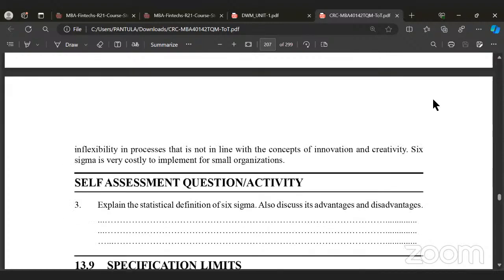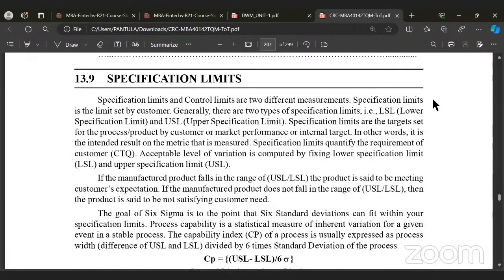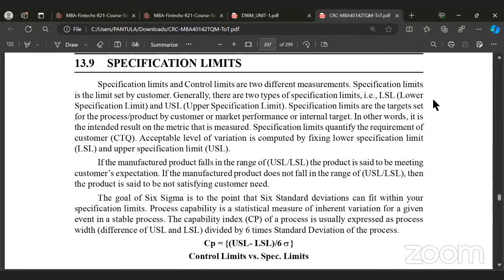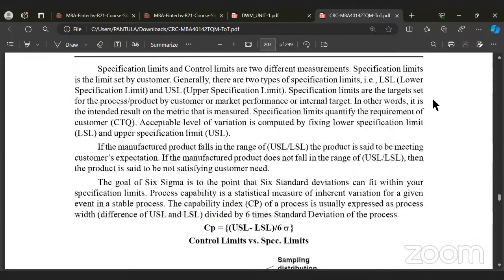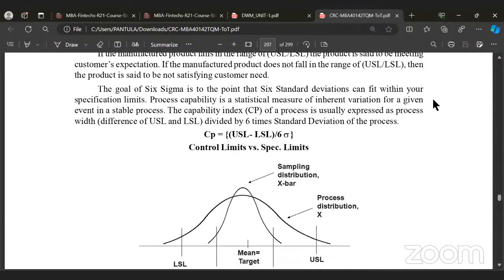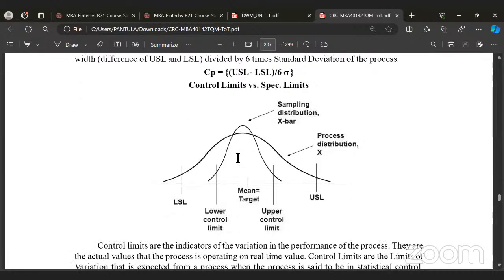You can see these are the specifications. So you can see here upper specification limit, lower specification limit is there, and CTQ is there, fixing the lower specification. Okay, now you can see Cp is equal to USL minus LSL divided by 6 sigma. Now control limit versus specification limit.